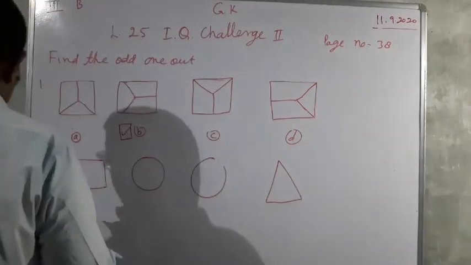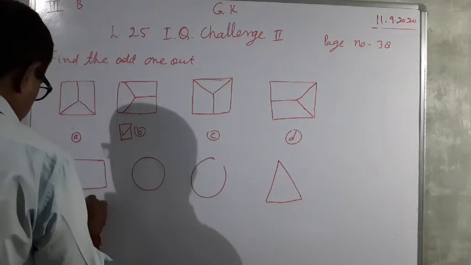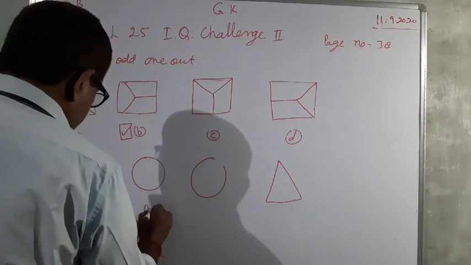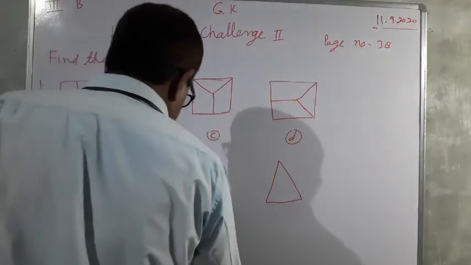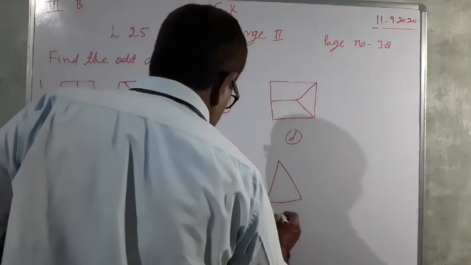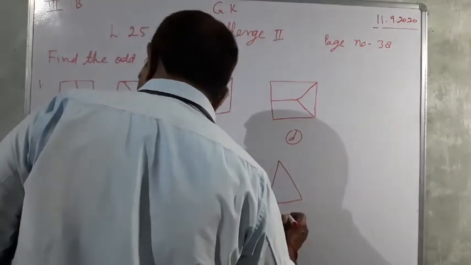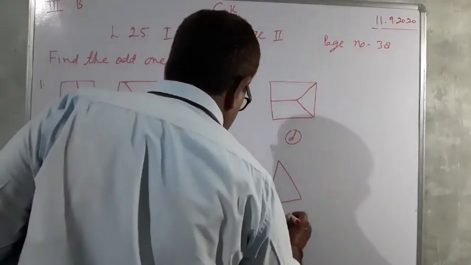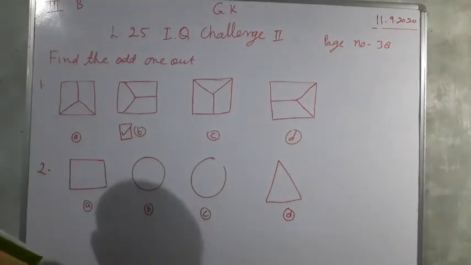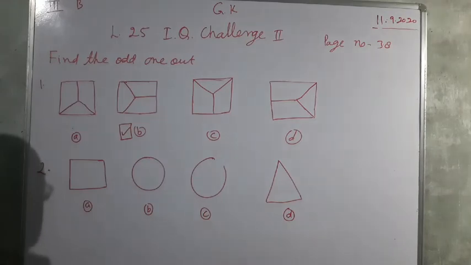This is A, it is rectangle. This is B, it is circle. C, it is incomplete circle. And fourth is the D, it is the triangle. So four structures are there.